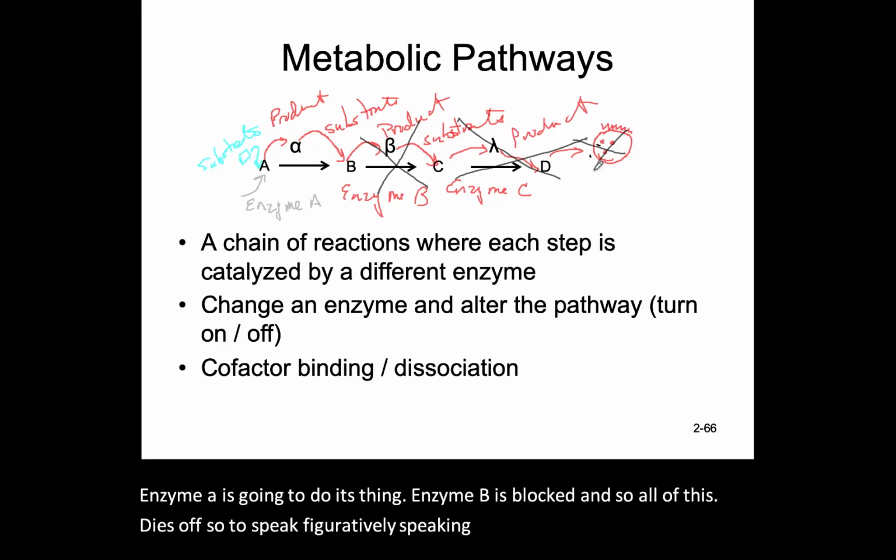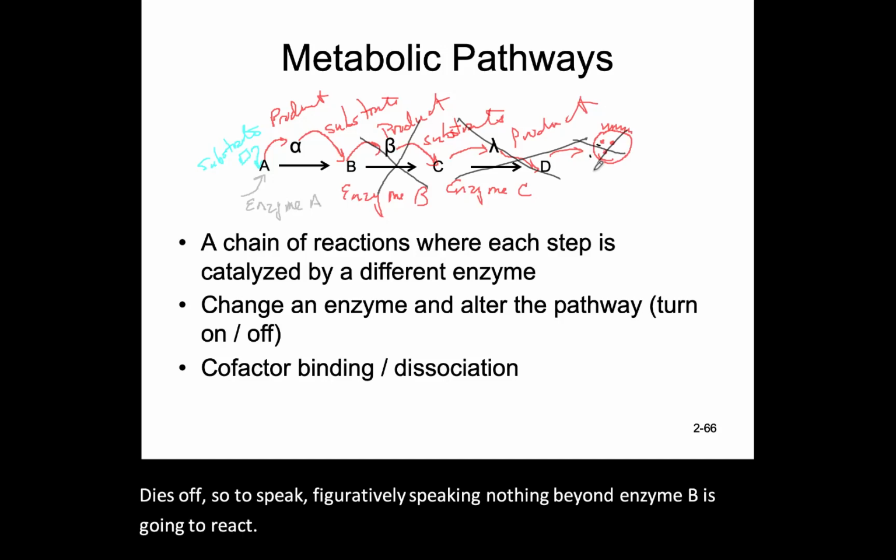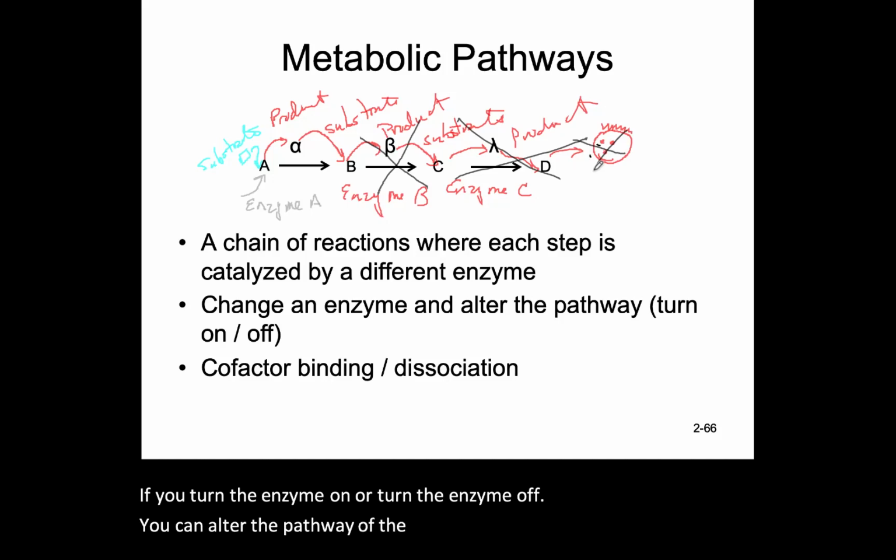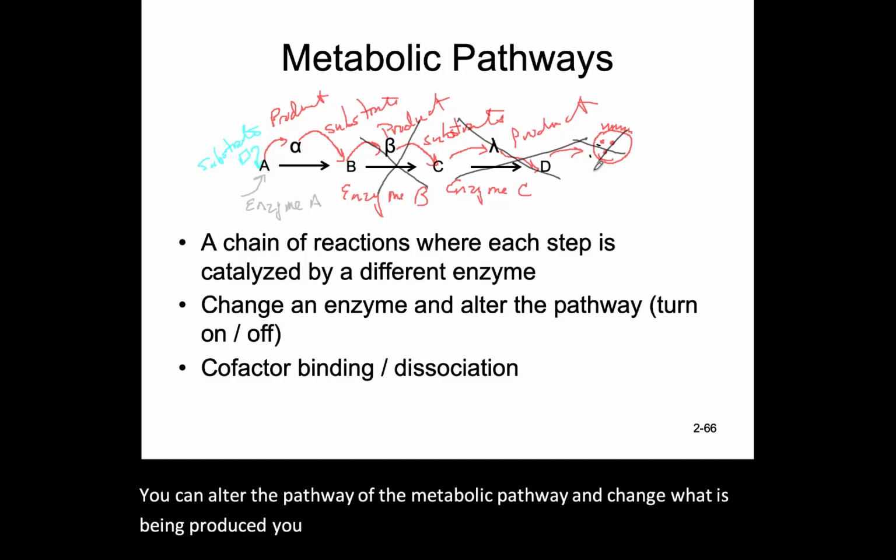Nothing beyond enzyme B is going to react. So if you alter the enzyme, if you turn the enzyme on or turn the enzyme off, you can alter the metabolic pathway and change what is being produced. You can overproduce it or you can underproduce it, which is, by the way, how a lot of our diseases work.